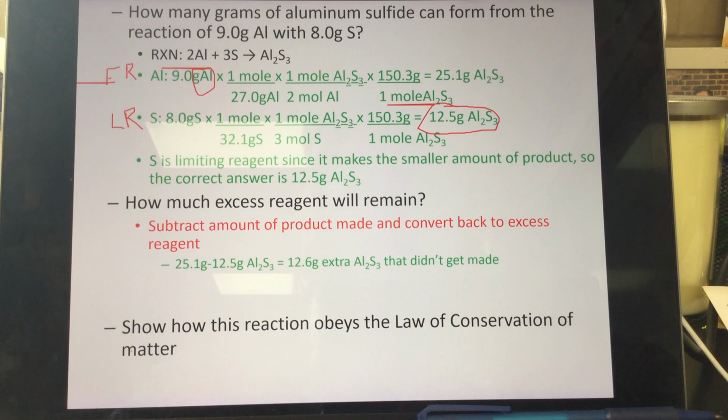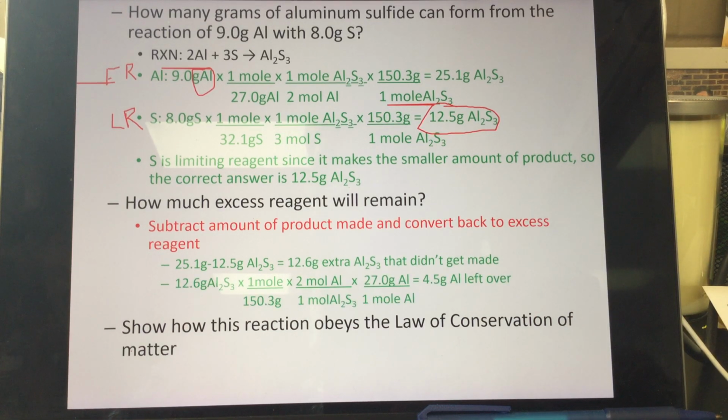So we just basically flip-flop this entire stoichiometry problem that we did up here, starting with 12.6 grams of aluminum sulfide. We take the extra amount, the 12.6 grams of aluminum sulfide, and now this is where labeling really helps out. We're in grams of aluminum sulfide. We're trying to get back to just grams of aluminum. So we would divide by aluminum sulfide's molar mass. So we put the 150.3 in the denominator.